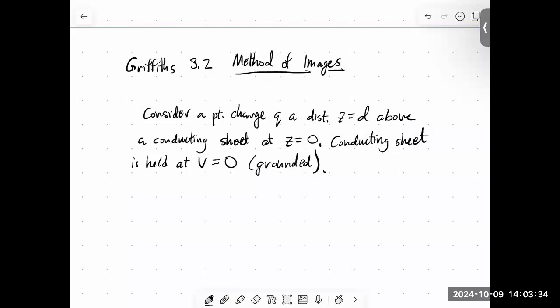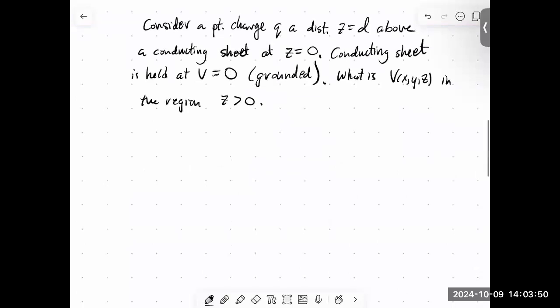Anyways, the question is, what is V of X, Y, Z in the region Z greater than 0, above this conducting plane? Let me draw the picture. We'll have a coordinate system.